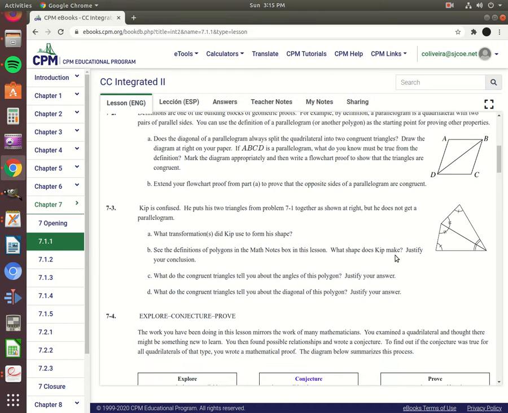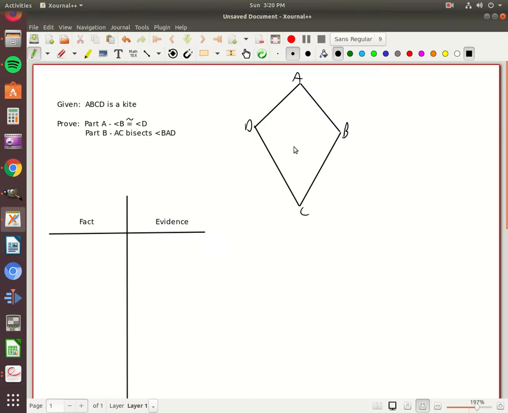So now I'm going to go ahead and set up the next proof here. I've sort of taken what we have here and made up my own proof with it. We're going to be told that ABCD is a kite, and we're going to be asked to prove, first of all, that angle B is congruent to angle D. And then once we prove that, we'll be asked to prove that AC bisects angle BAD. So let's kind of go through that.